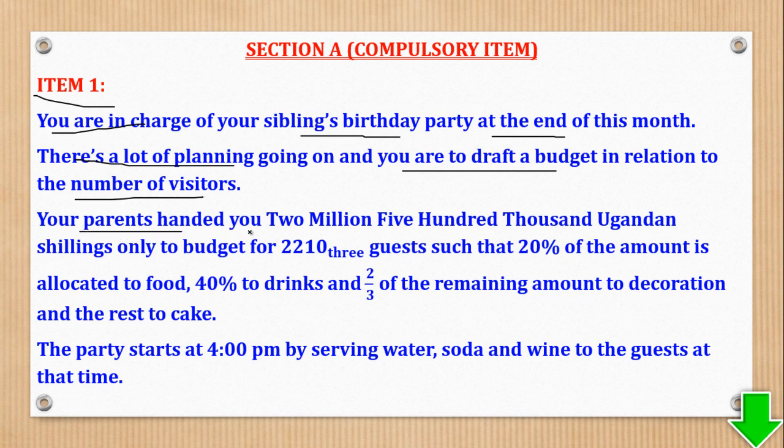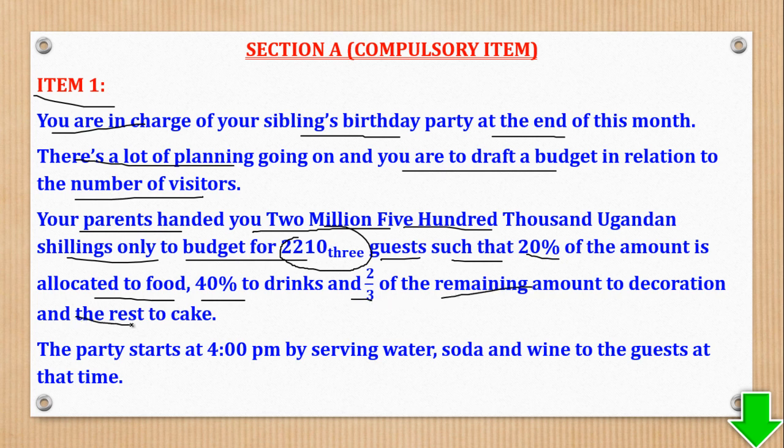Your parents handed you 2,500,000 shillings only to budget for 2210 base 3 guests, such that 20% of the amount is allocated to food, 40% to drinks, and a third of the remaining amount to decoration and the rest to cake.